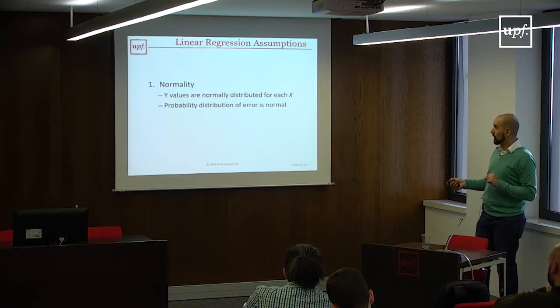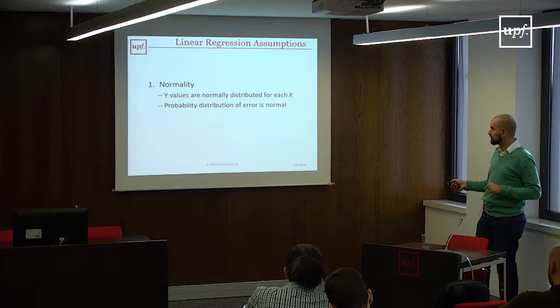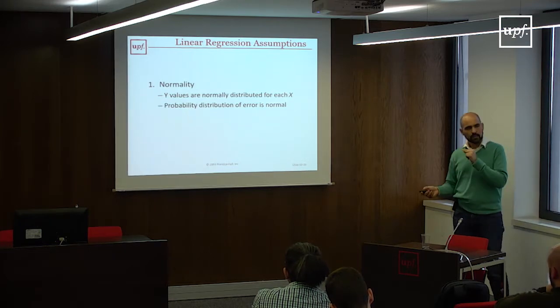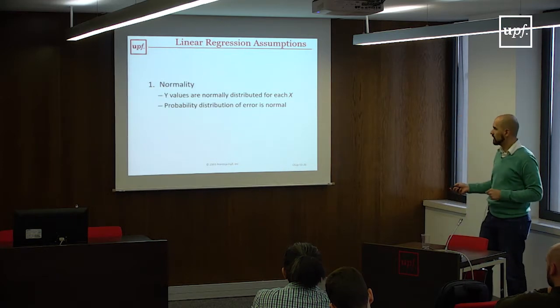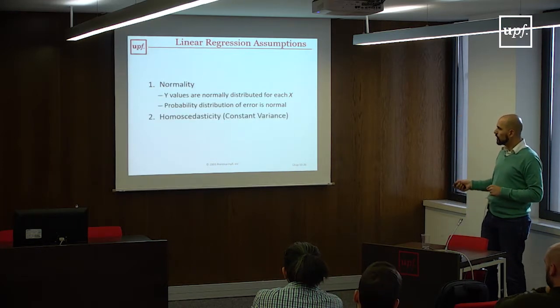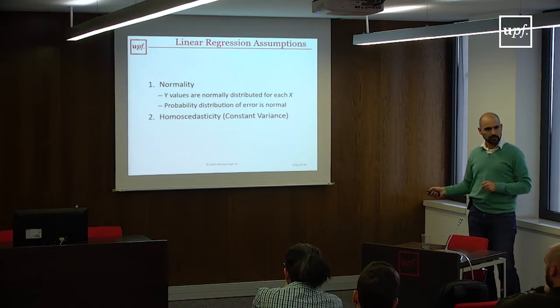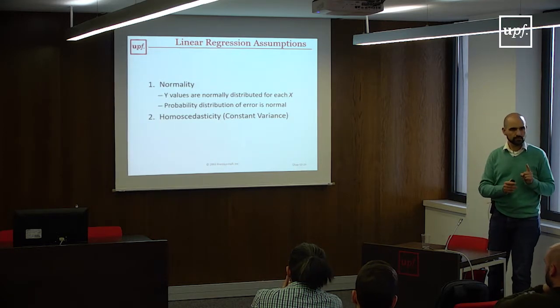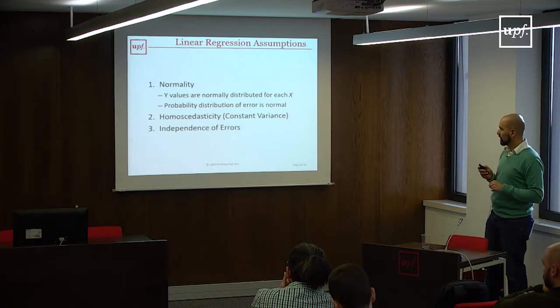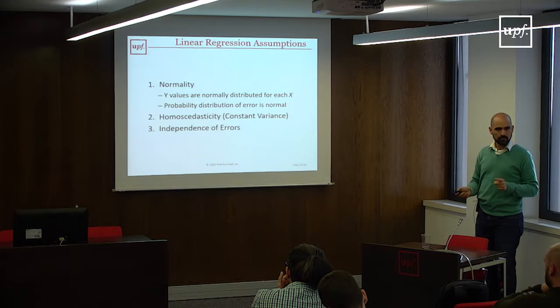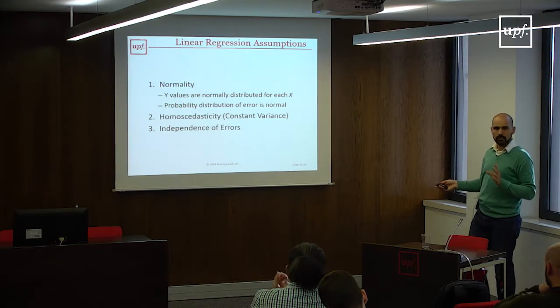Y values are normally distributed for each x, and the probability distribution of the error is normal. Then we need homoscedasticity. The variance must be constant. The errors must be independent. This is very similar to what we have seen for ANOVA.